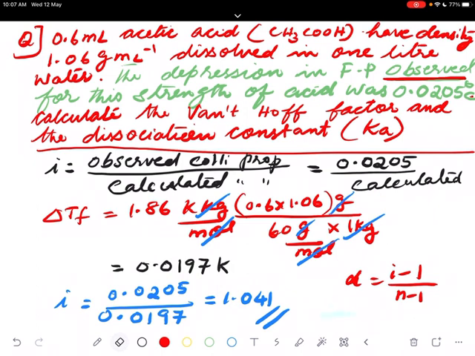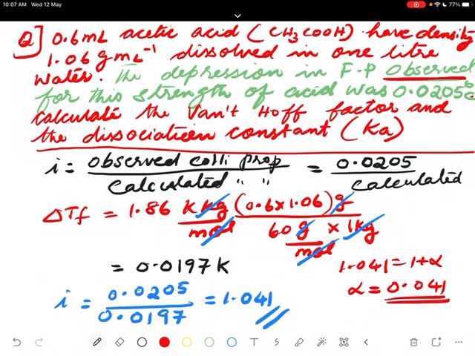So I am using i is equal to 1 plus alpha. What is i? 1.041 is equal to 1 plus alpha, or alpha is equal to 0.041. I have got alpha as 0.041.